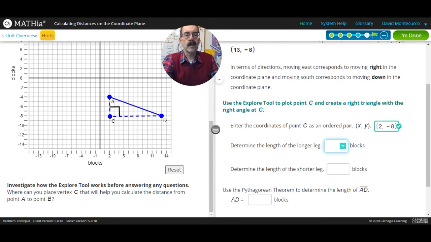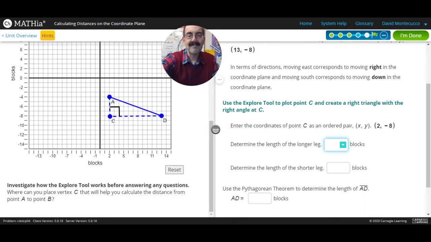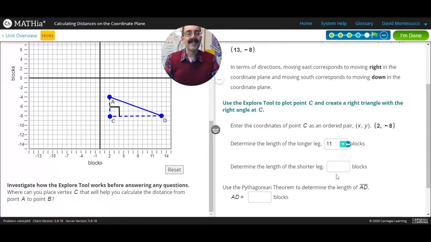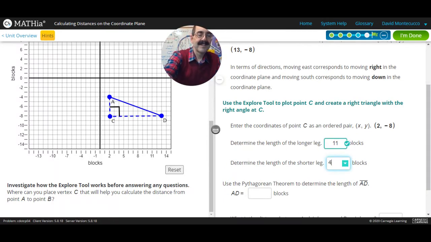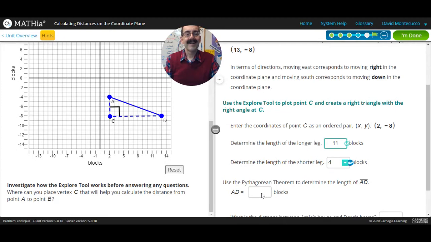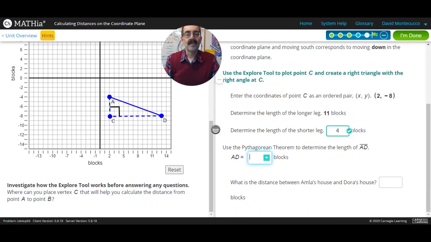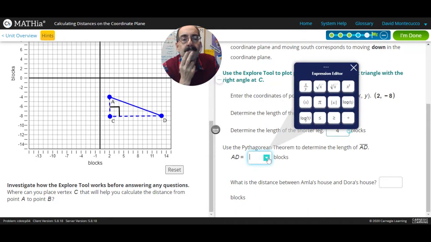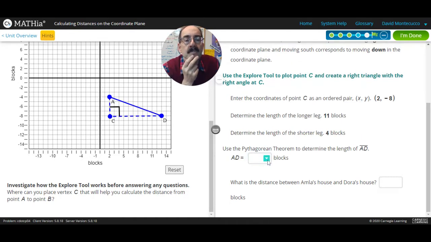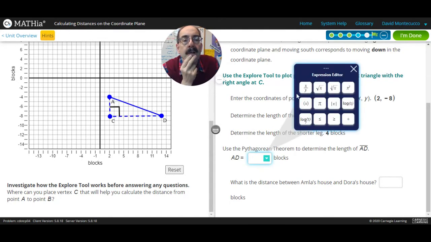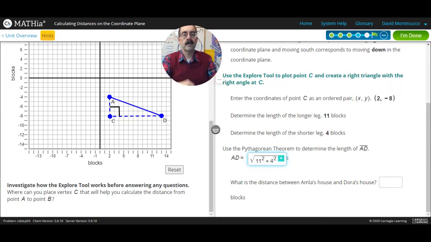And then the shorter leg was the 4 units. Oh, longer. I make that mistake on every problem, don't I? So the longer, the shorter. Okay, and then we'll do a little Pythagorean theorem here. That's just the square root of 11 squared plus 4 squared, enter.